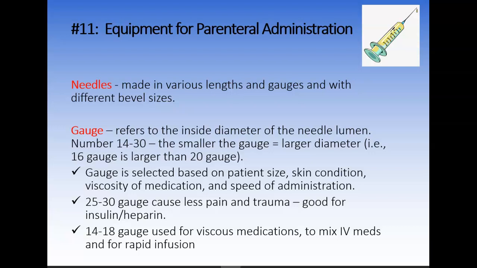So 14 would be a very large diameter, and the 30 gauge is a very small diameter. You want to select that based on the patient size, skin condition, the viscosity of the medication, and the speed of the administration.